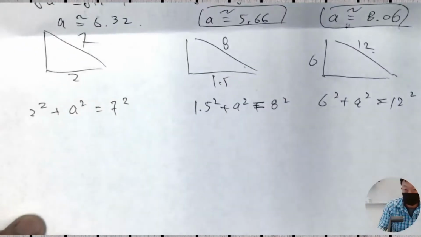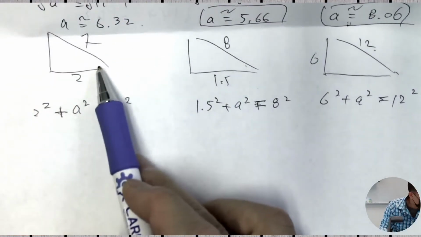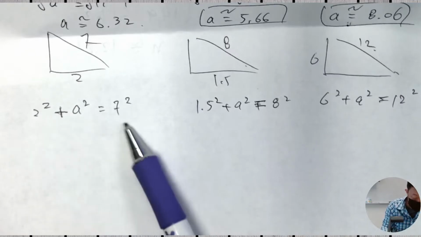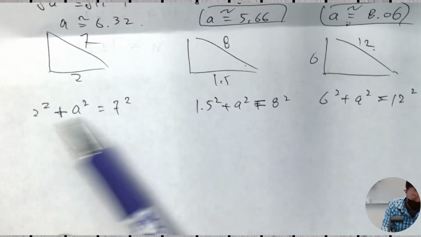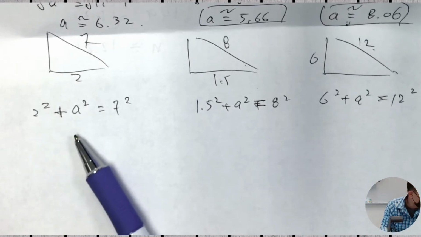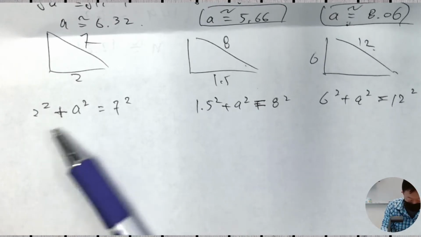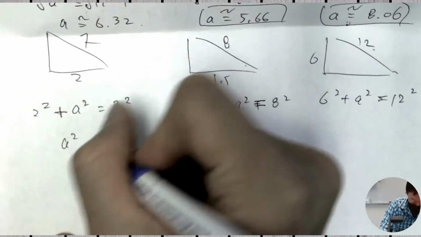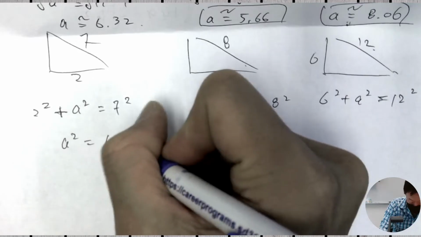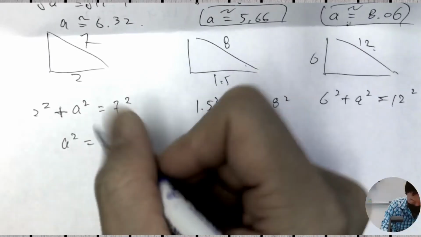Then on this next set of three questions, again, we are missing a leg, not a hypotenuse. In this case, your formula should look similar to this. You can rearrange this. If you go a squared minus 2 squared, it's essentially the same. We're taking away 4 from both sides. A squared equal to 49 minus 4.